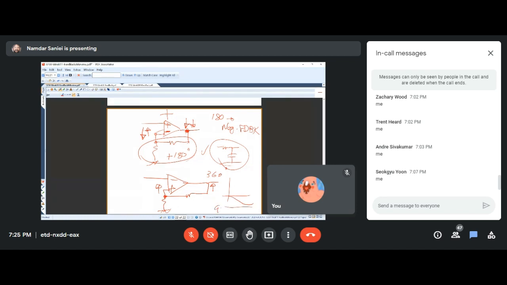A maximum of 90 degrees. Okay? So, ideally, two of them back to back will give us the 180 degrees. But in reality, three of them, each introducing 60 degrees, would give us a total of 180 degrees. I don't mean to confuse you guys, so let me suffice to this.